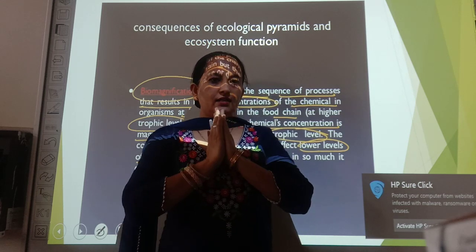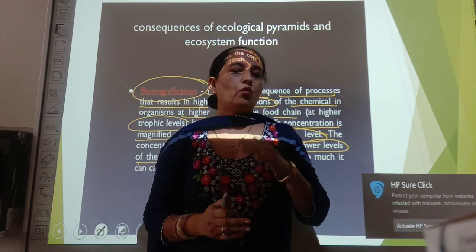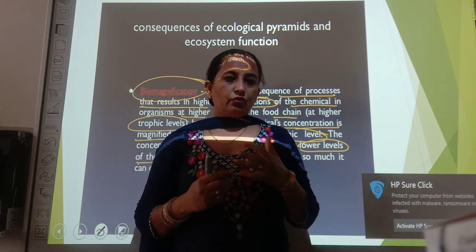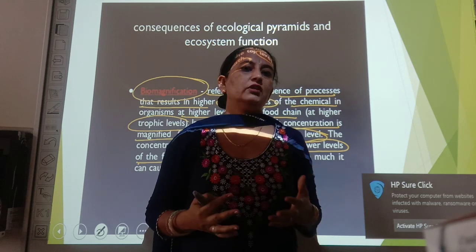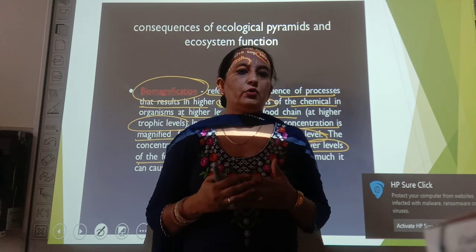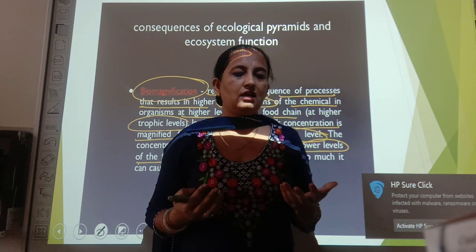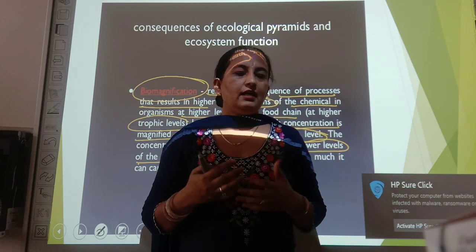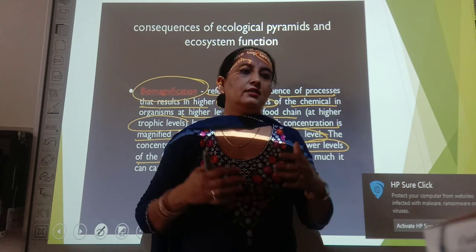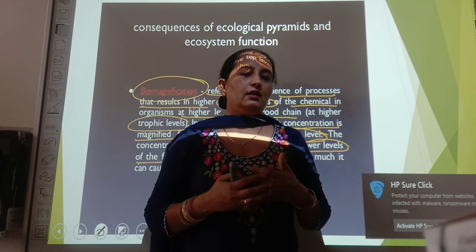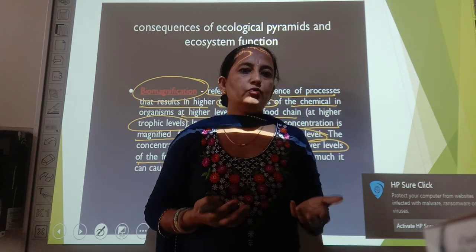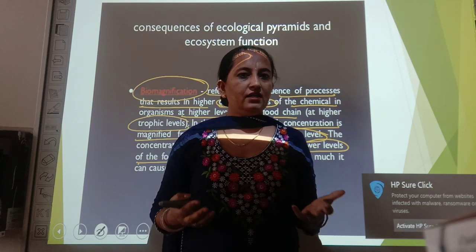So this is my humble request to all: do not use harmful chemicals to increase production, because these chemicals accumulate in the food chain and may cause the death of organisms, and this may cause harmful consequences to our environment.